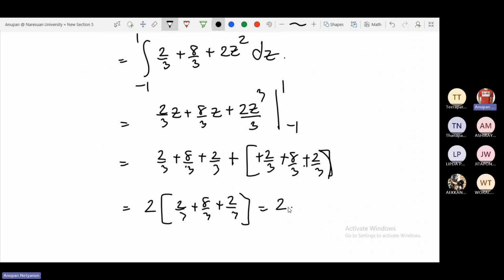So it's going to be 2 times, and they have the same denominator, so I add them together and get 12 over 3, which is 4, so 2 times 4 is 8.